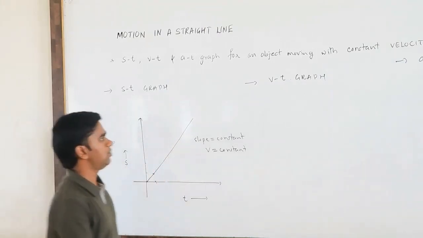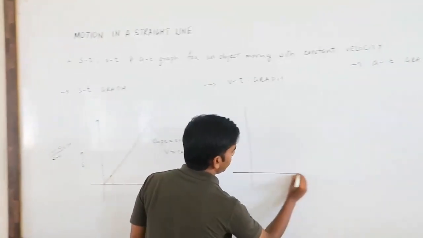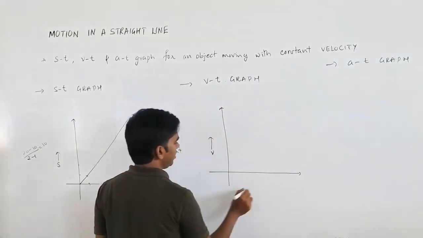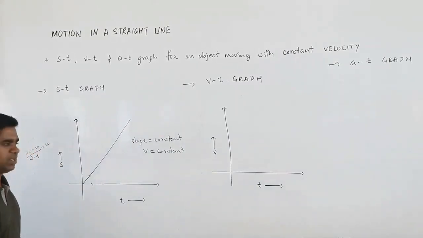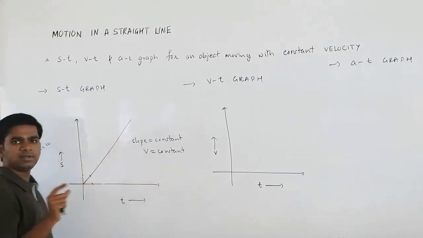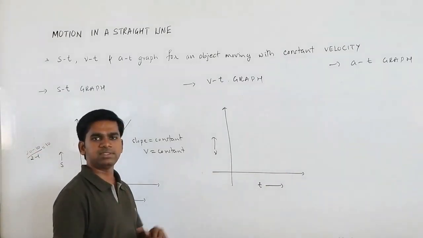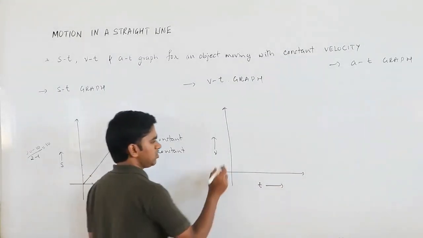Now if I take a graph of velocity time, velocity I am taking here and time I am taking along the x-axis. Everywhere we are getting constant velocities, means we are getting some 10 value. Velocity is 10 meter per second, for next time velocity is 10 meter per second. So velocity is not going to change.